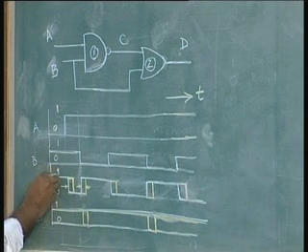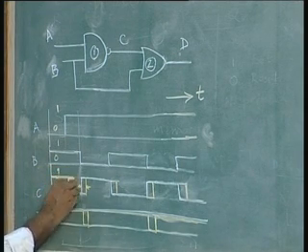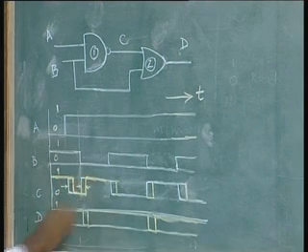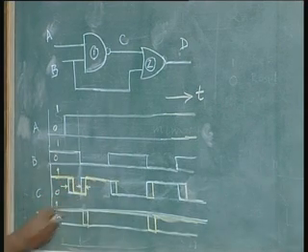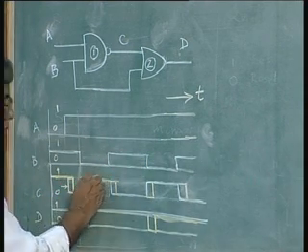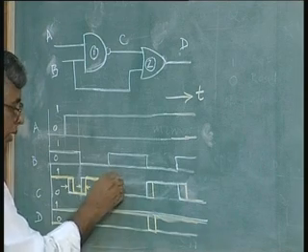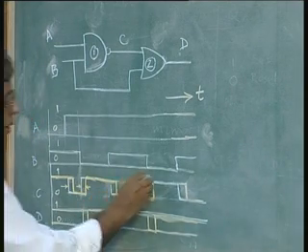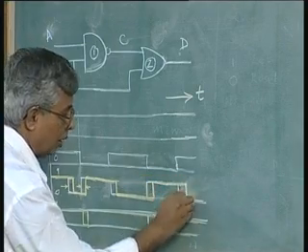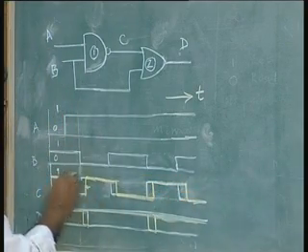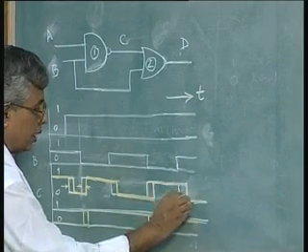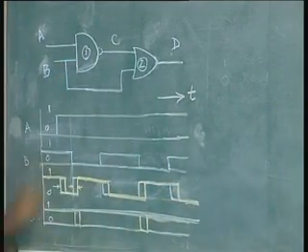So, the actual, practical output would be this yellow line for each cycle. Again there is a change here, so this will not come here as depicted earlier, but will come a little later and again go back to 0 a little later. So, the yellow line is a modified output line at C because of the propagation delay of gate 1.